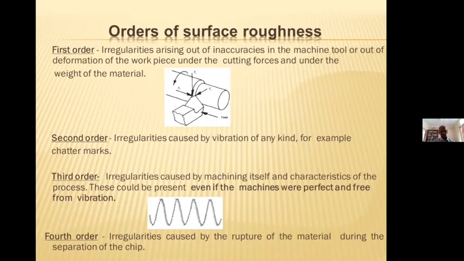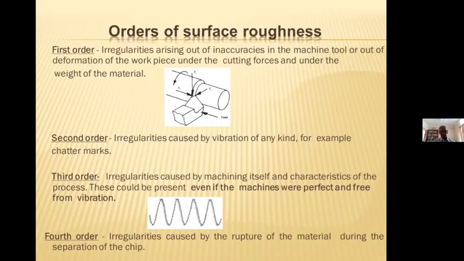Then the third order surface roughness. Irregularity is caused by machining itself. When we machine by a single point cutting tool, normally we produce a periodic roughness because it is cutting in some sort of spiral mode. So we get either a sine or a cosine function. And this will be there even if everything is perfect. There is no vibration, machines and machine tools, everything is perfect.